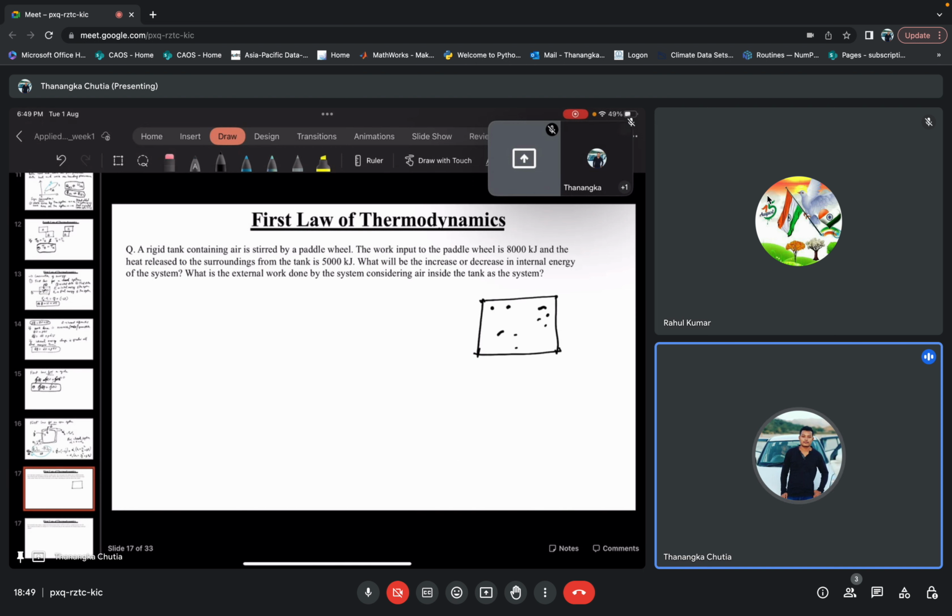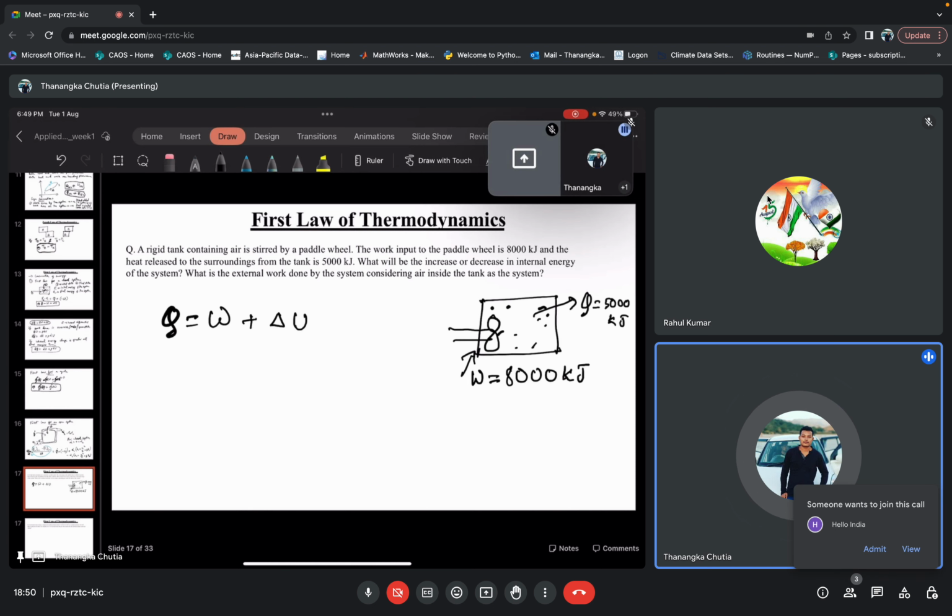Here is some air and there is a stirrer attached to it. This stirrer does work of 8000 kilojoule, and in doing so there is some heat release equal to 5000 kilojoule.